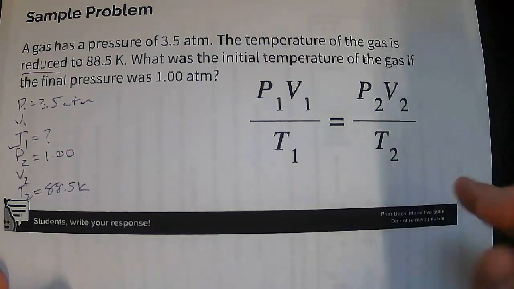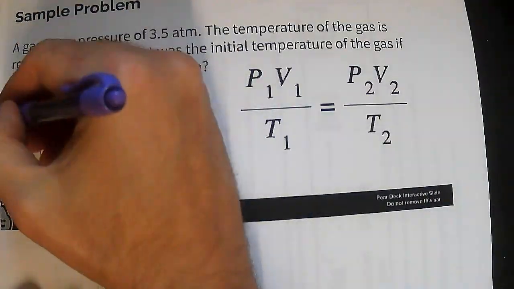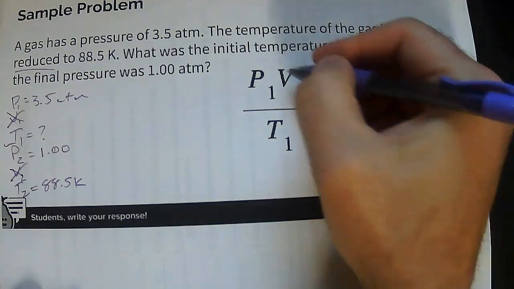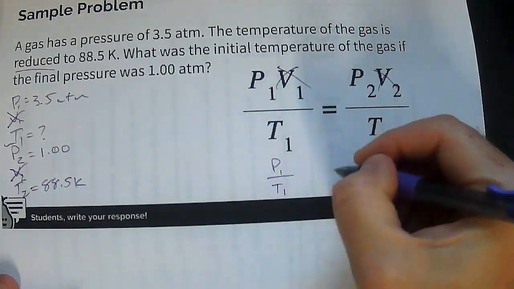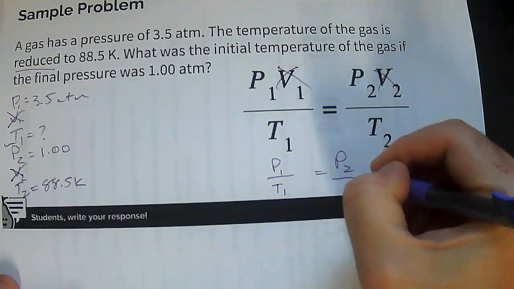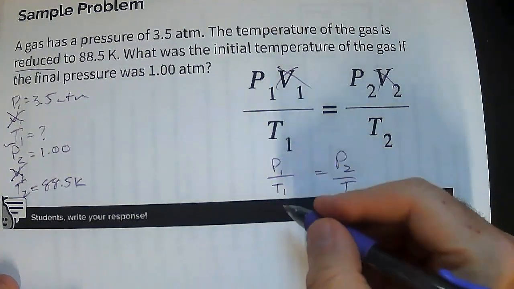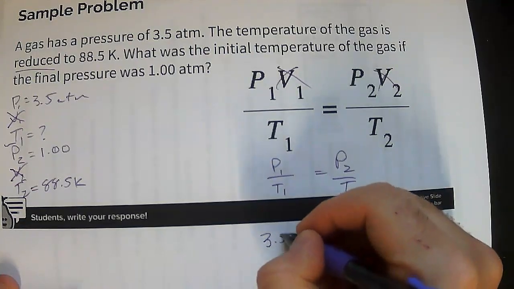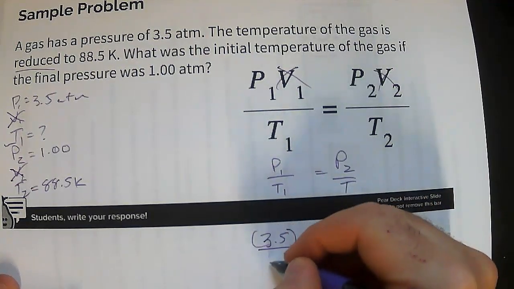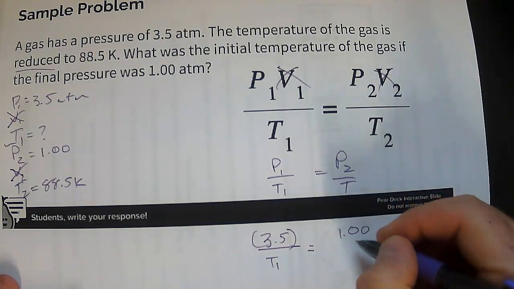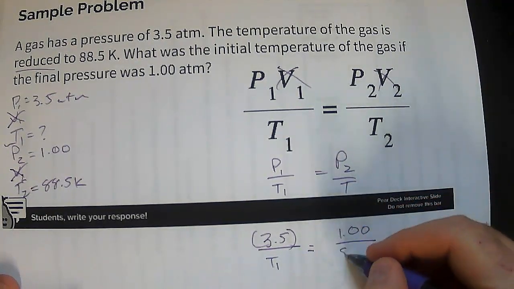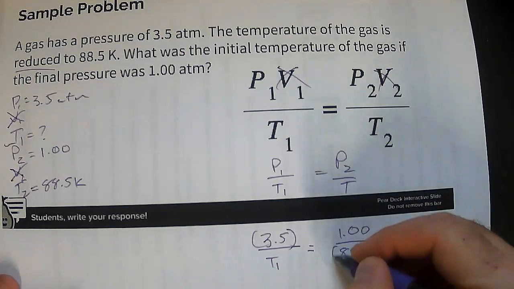It doesn't say anything about constant volume, but volume wasn't given, so we're assuming it's constant, so we're going to get rid of this. We're going to do P1 over T1 equals P2 over T2. We're going to plug this in: 3.5 over T1 equals 1.0 over 88.5.